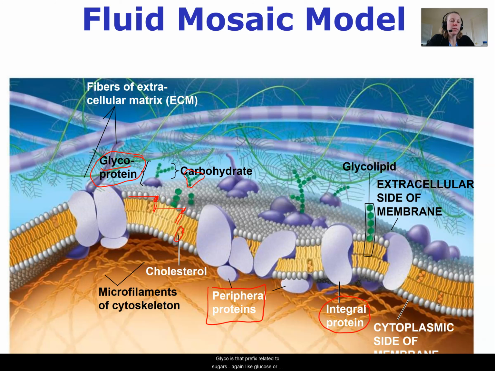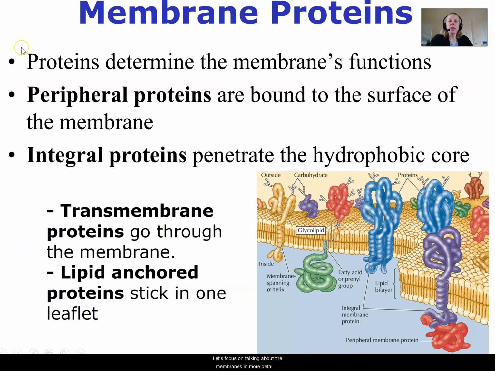Glyco is that prefix related to sugars again, like glucose or glycogen or a glycosidic bond. So these are glycoproteins because they have a carbohydrate on the protein. And then we can also get glycolipids, which is a carbohydrate attached to some lipids as well, again with that same glyco prefix.